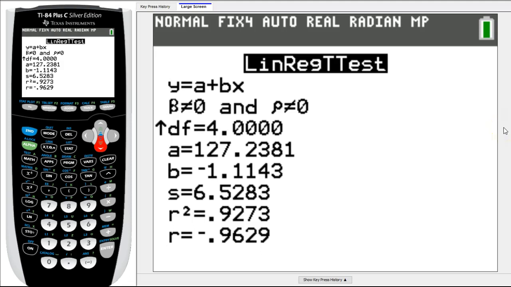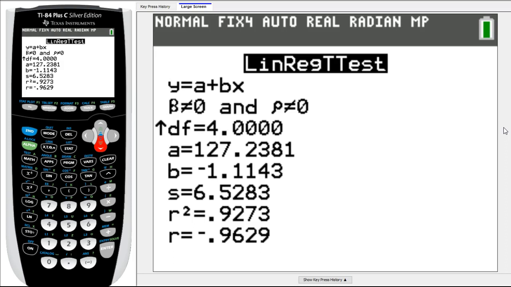Now, I've talked about correlation, and I haven't really said what it means. If it is a positive correlation, it means as x increases, y tends to also increase. And if it is a negative correlation, that means as x increases, y tends to decrease. They do the opposite effect.